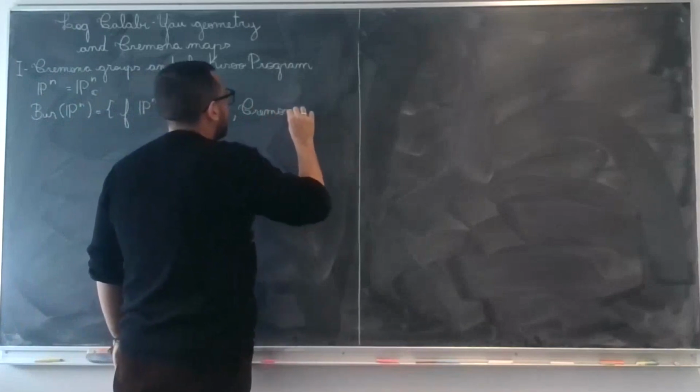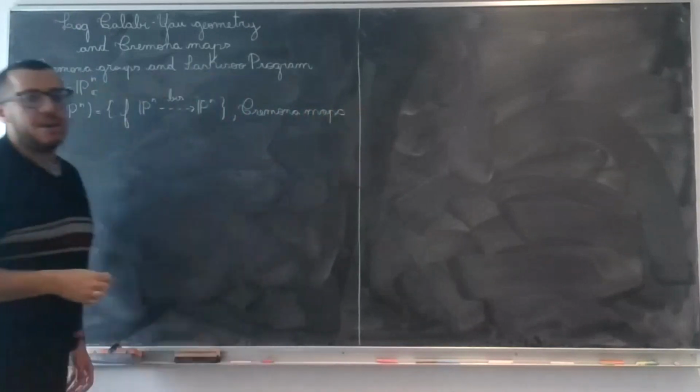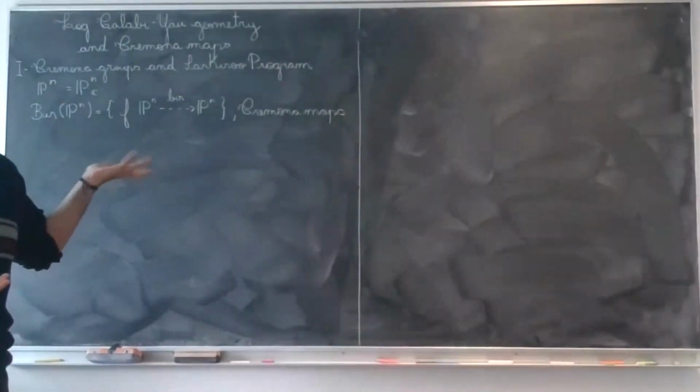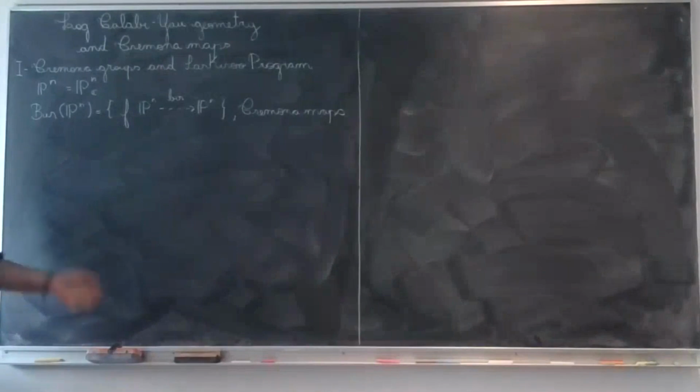The study of this group has been a very active area in algebraic geometry. For example, for n equal to 1 and n equal to 2, we have really nice descriptions of this group in terms of generators.